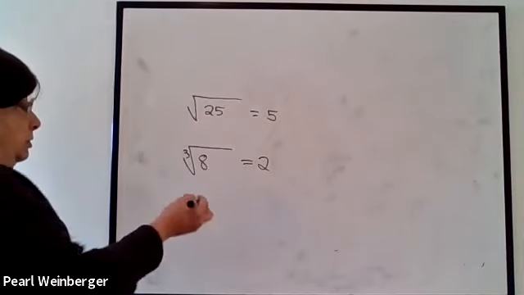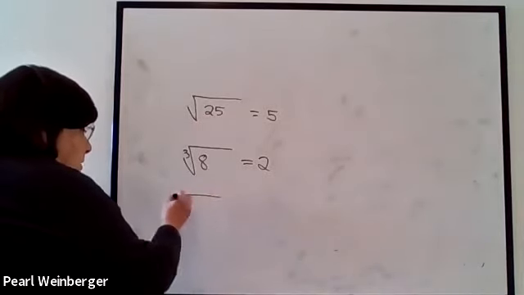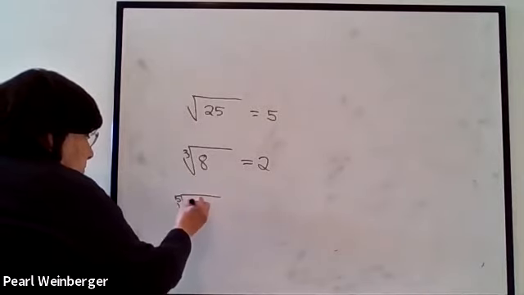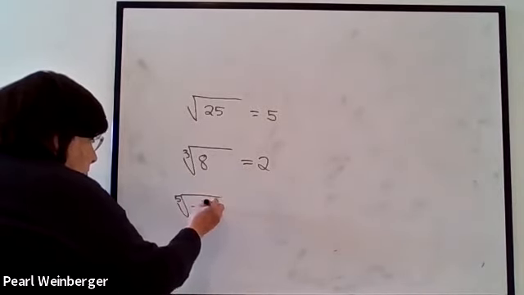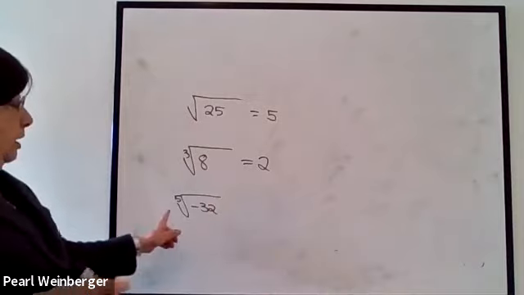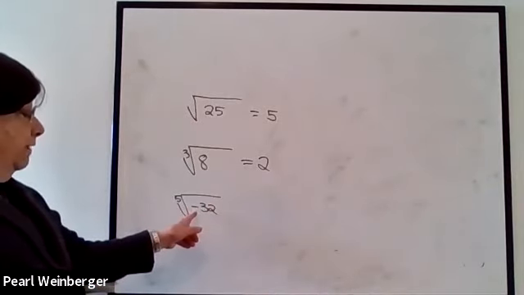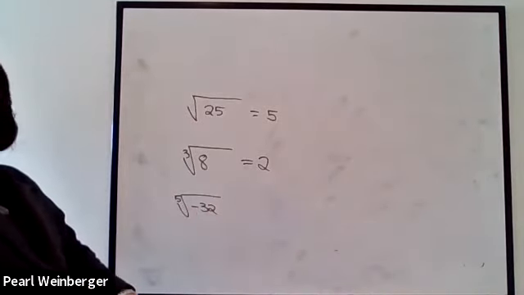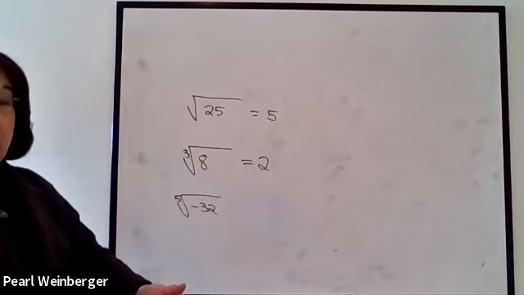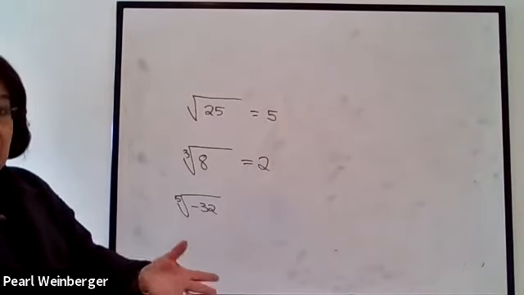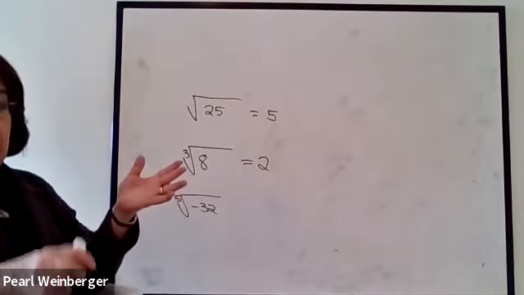We can even use something like this. This is read the 5th root of negative 32, which means I'm looking for a number that when I multiply it 5 times is going to give me negative 32.